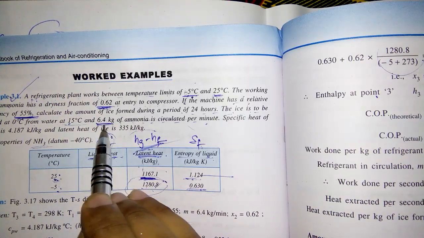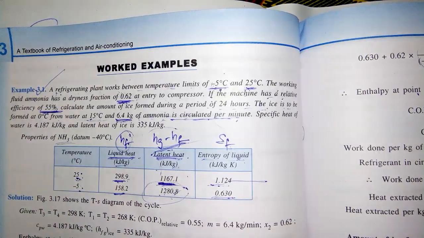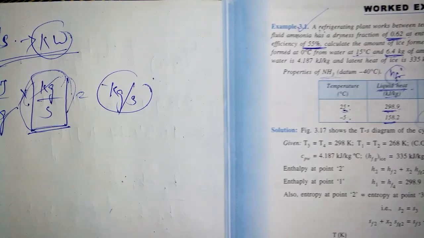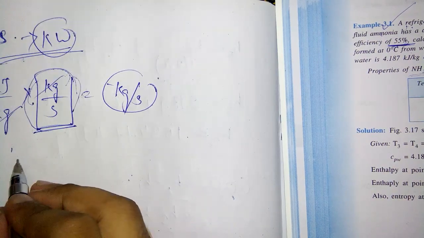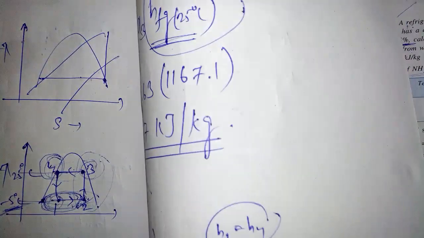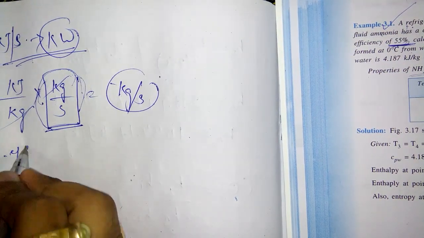Yes, 6.4 kg of ammonia is circulated per minute. 6.4 kg per minute. Okay, so that means, how much kilojoule per kg I have got? Refrigeration effect, how much I have got?